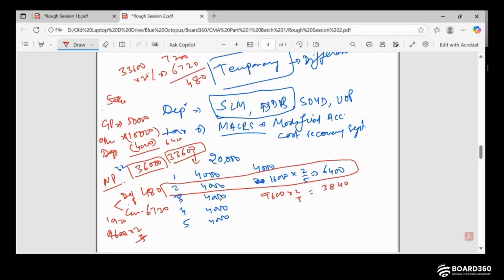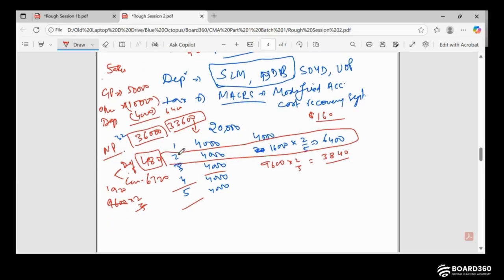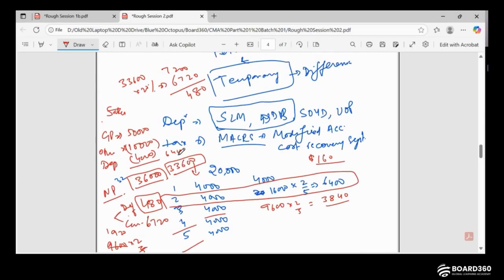Right? Now, if you see here, it is higher than the tax provision. So this 480 will be adjusted in the next year up to $160. $160 out of 480 will be adjusted in next year, and the remaining will be adjusted in the fourth and fifth year. Okay. So this is how the tax is calculated and reported.